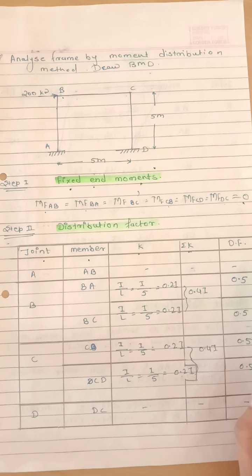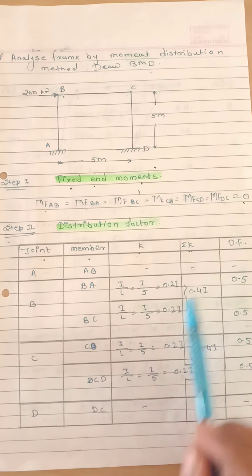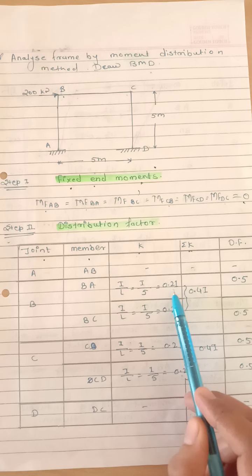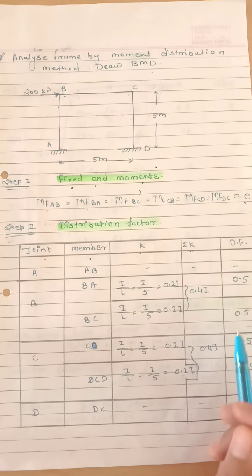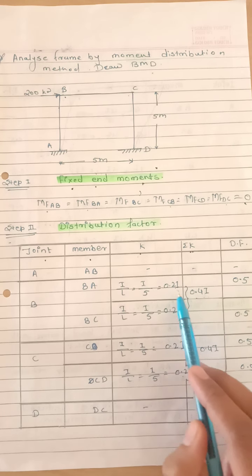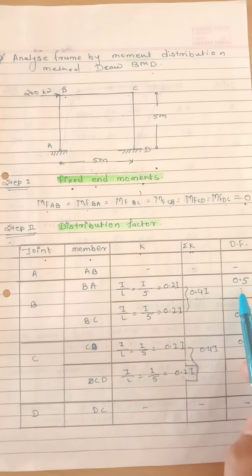After that, the last column is distribution factor, with formula K divided by summation of K. For member BA, K is 0.2I divided by summation of K 0.4I, so 0.2 divided by 0.4 is 0.5.